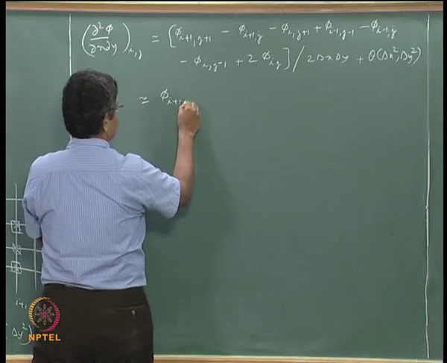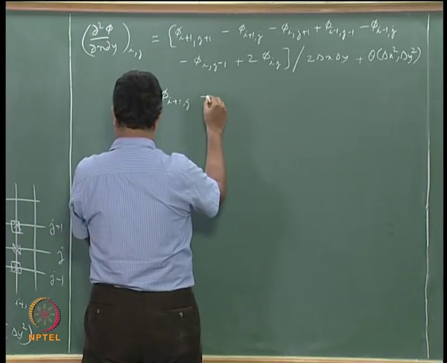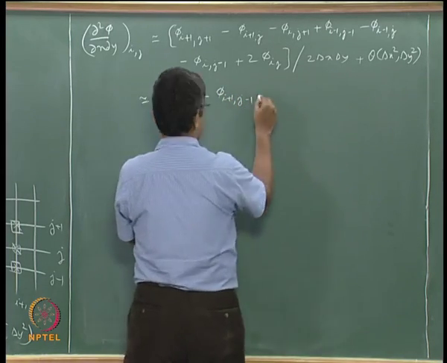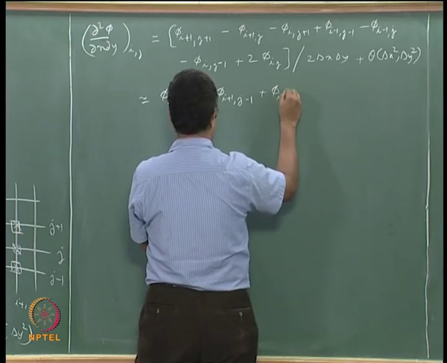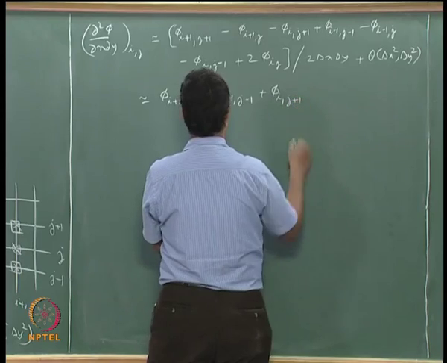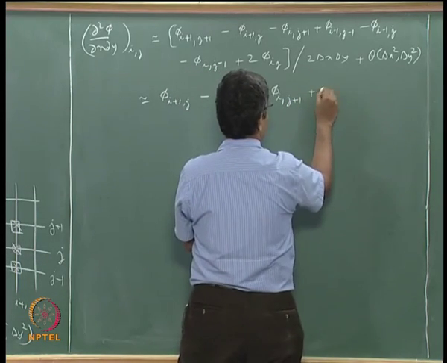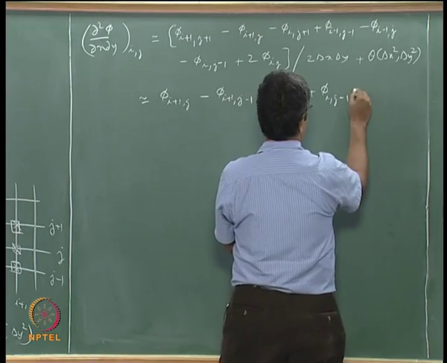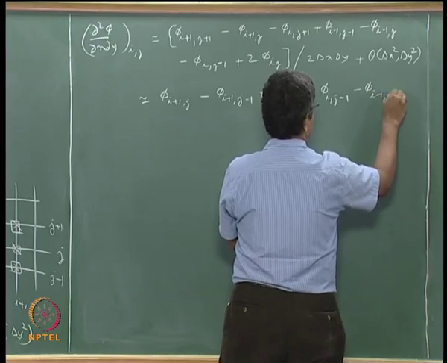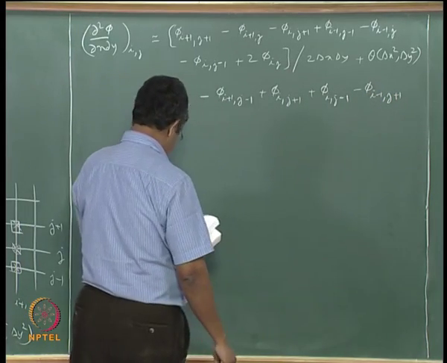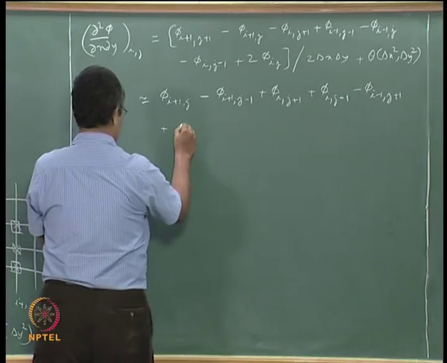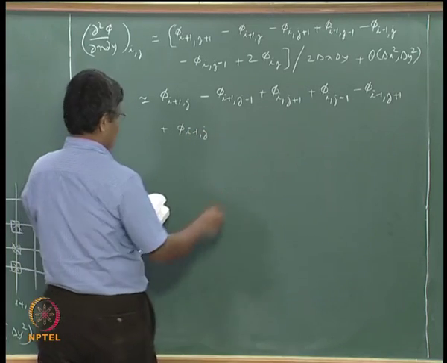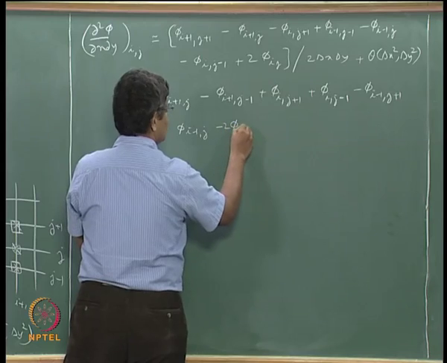A different formula is φ(i+1,j) minus φ(i+1,j-1) plus φ(i,j+1) plus φ(i,j-1) minus φ(i-1,j+1) plus φ(i-1,j) minus 2φ(i,j).